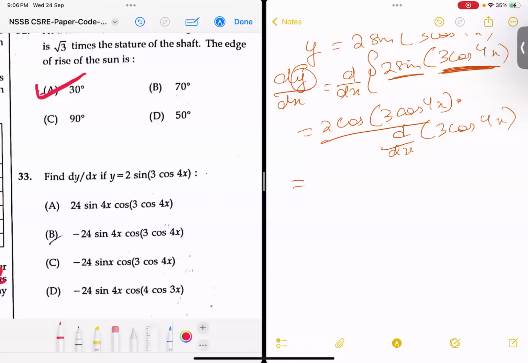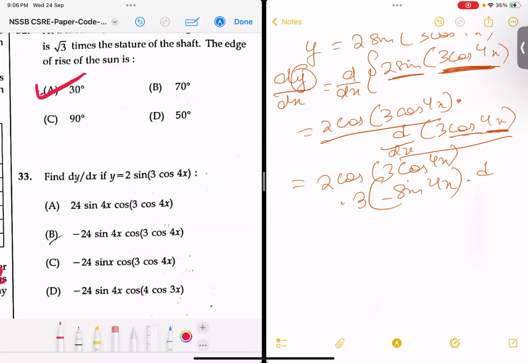This will stay as it is, 2 cos 3 cos 4x, right? So in order to differentiate, it will be into 3, differentiation of cos is minus sine. So angle is how much? 4x, right? Again, we have to do another differentiation because the angle can also be differentiated, so d by dx of 4x, okay?